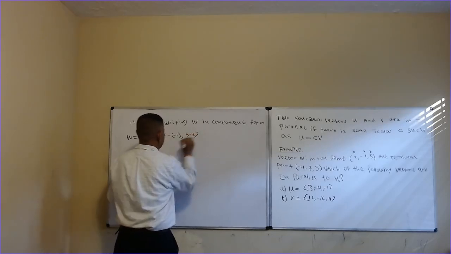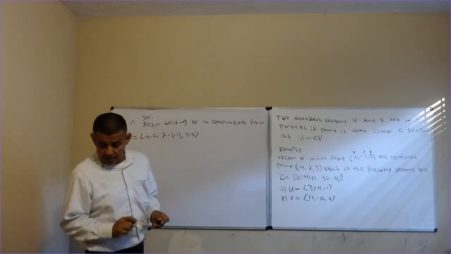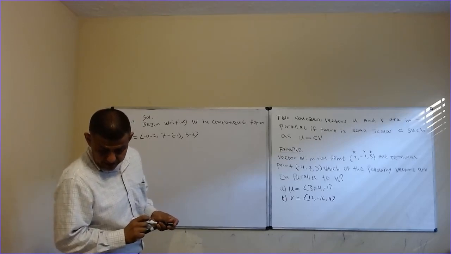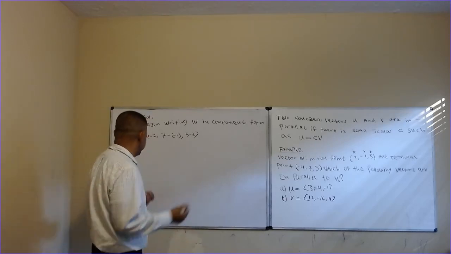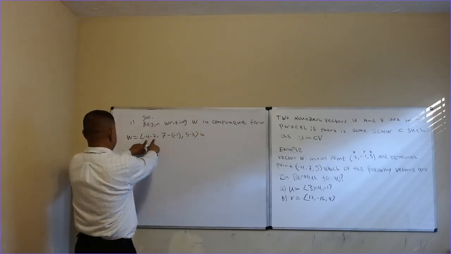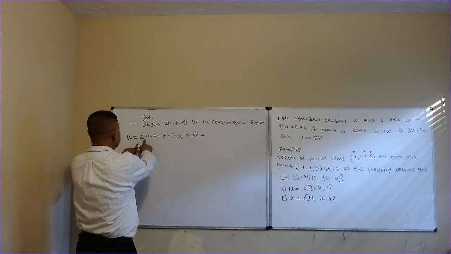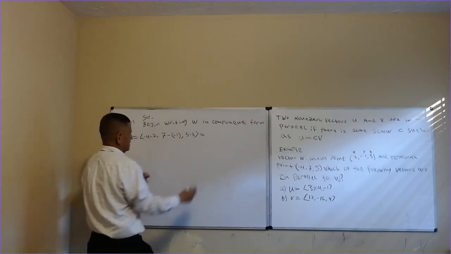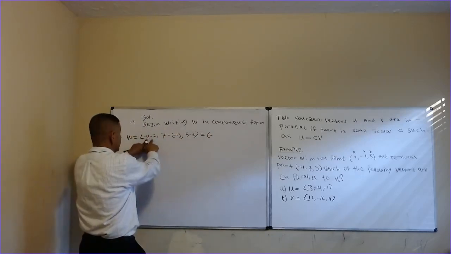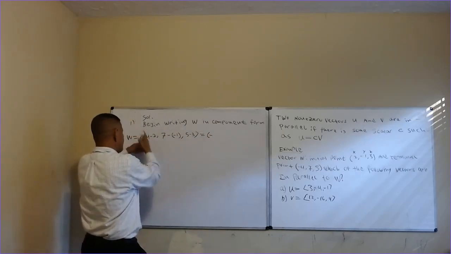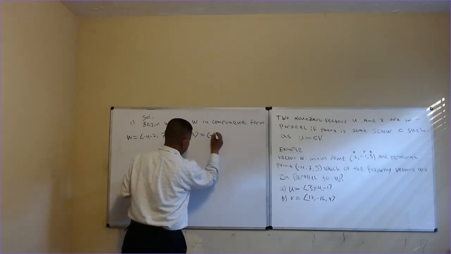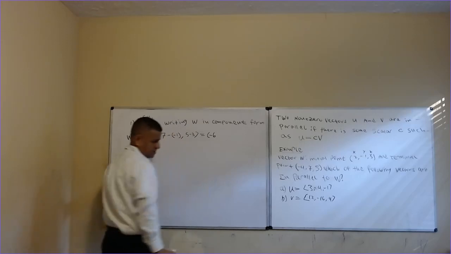And that will give me a number, right? So I do my x. Negative minus a negative gives me a positive. In other words, I am adding two negative numbers, which gets negative 6.